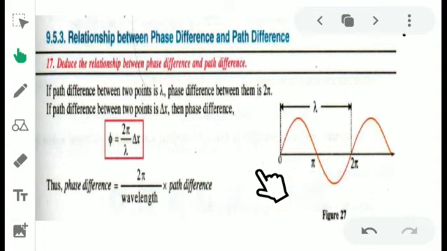So we are relating wave motion and circular motion here, that is lambda and 2 pi. Then what is the phase difference? Phase difference phi is equal to 2 pi by lambda into path difference. Then the path difference is equal to lambda by 2 pi into phase difference.